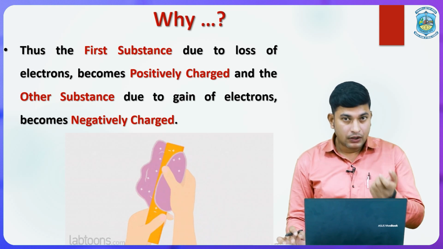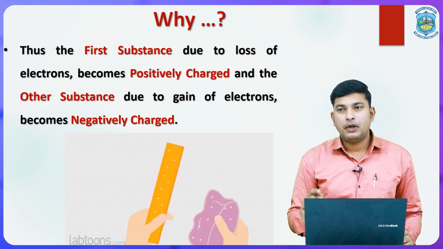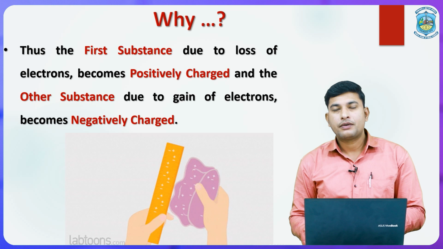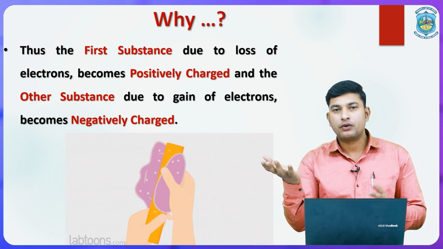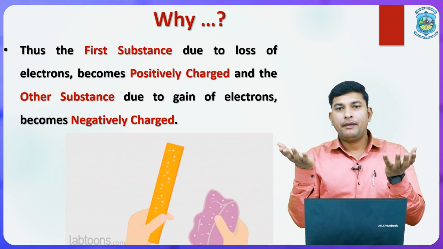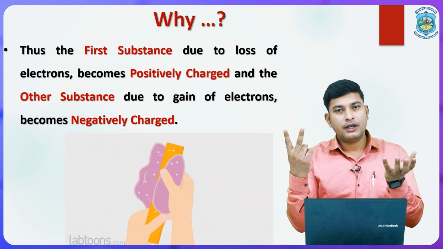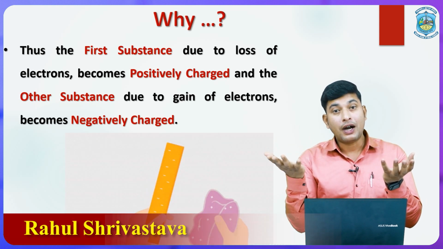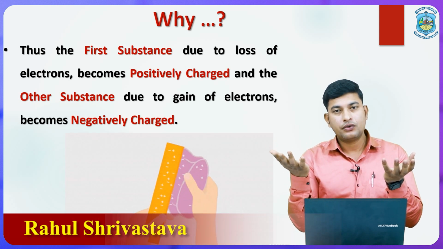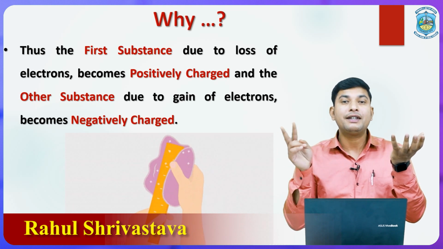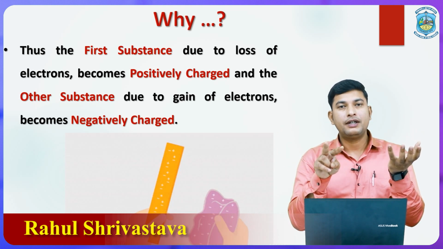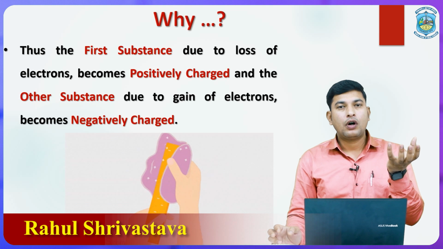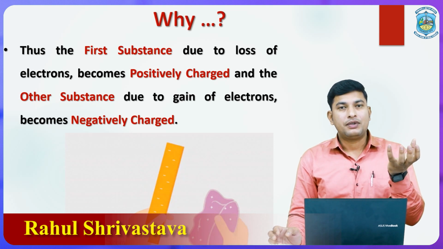Also, there is some mathematical theory. Let me take an example: two electrons are transferring from this object to that object. So, here we have two additional protons there, so this will have a positive charge. The other object has two additional electrons, and because of these additional two electrons it will have a negative charge.